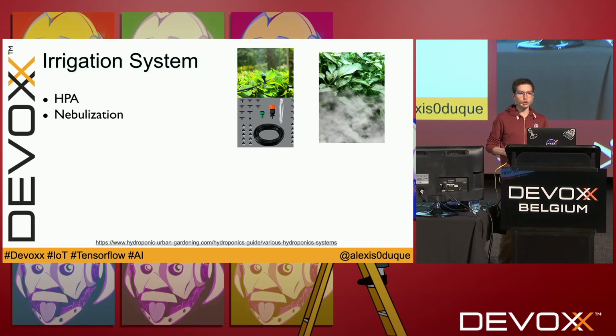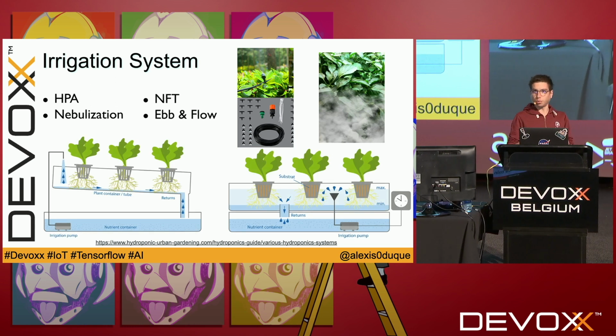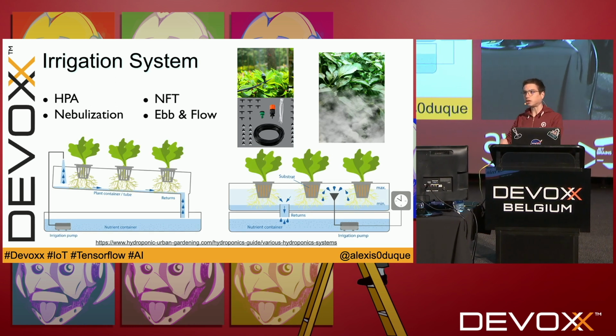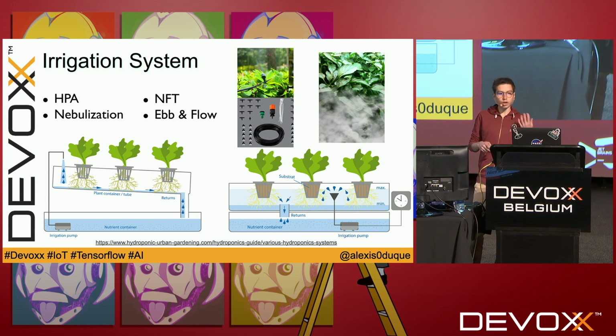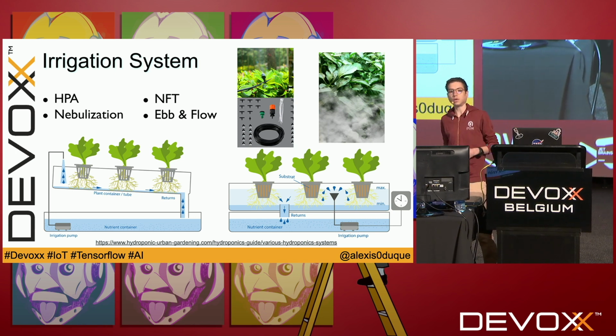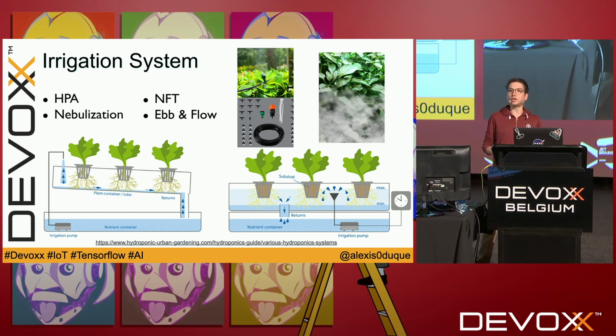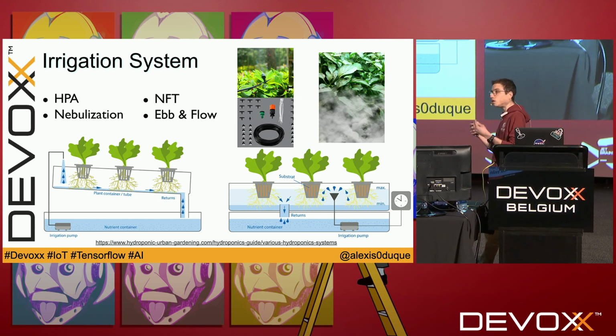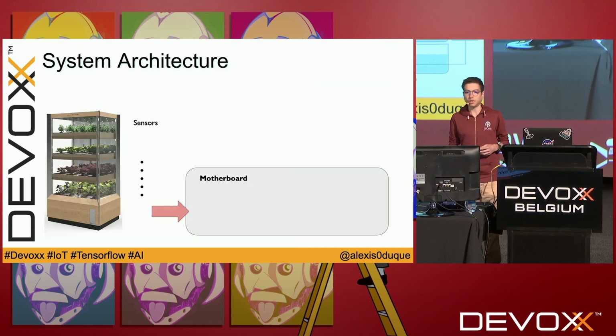And the two other ones are hydroponics. So there, the roots are totally immersed in the water, and there are two kinds of hydroponic systems that are NFT and ebb and flow. Each one of these 4 irrigation systems is implemented in a shelf on the cabinet.